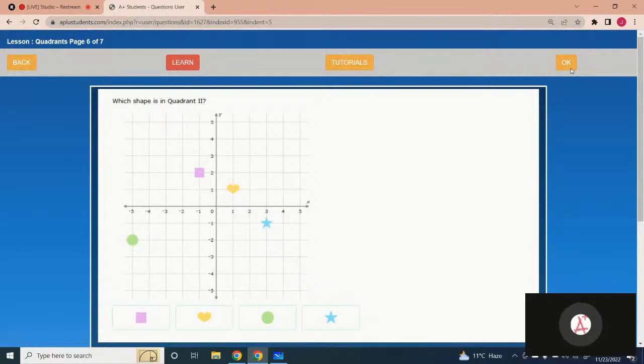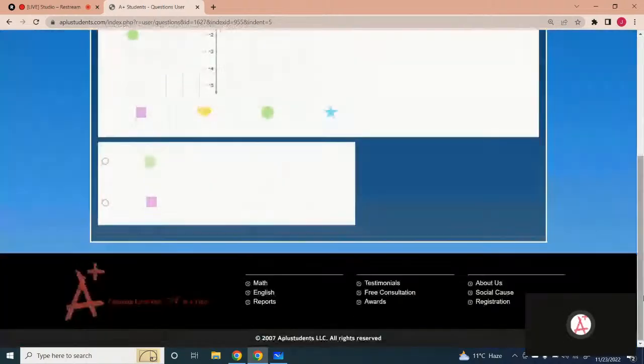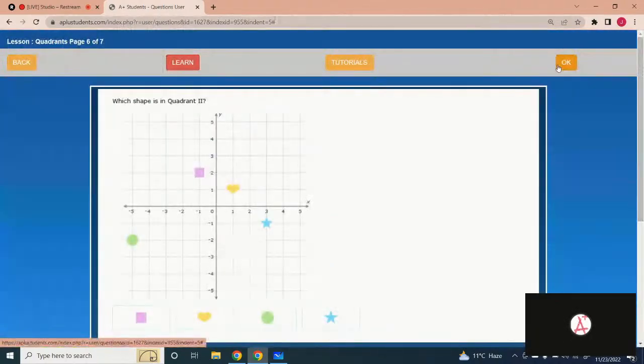Which shape is in second quadrant? Yes, the square is in second quadrant. So just select the correct option and click on the OK button.